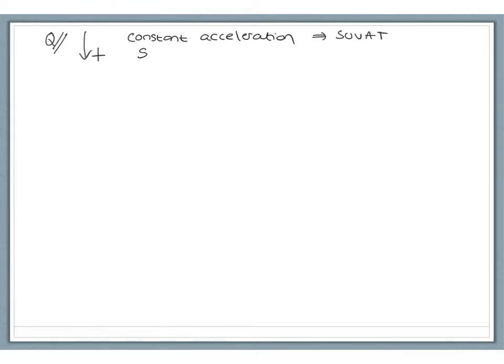So let's see what we have. We know Q travels a distance of 0.5 meters because it's 0.5 meters above the ground. U, the system starts at rest, so U is 0. V is what we're trying to find out, the speed with which Q hits the floor. The acceleration is the acceleration of the system, which is 2.8, and T we do not know, so we're going to ignore that.